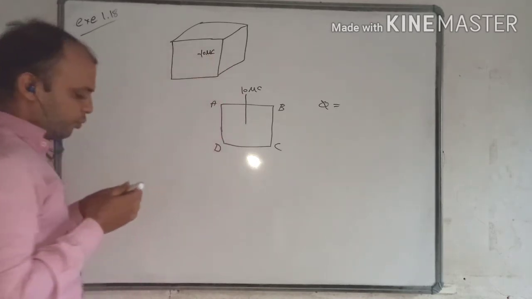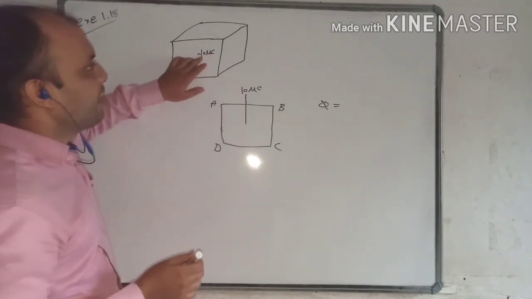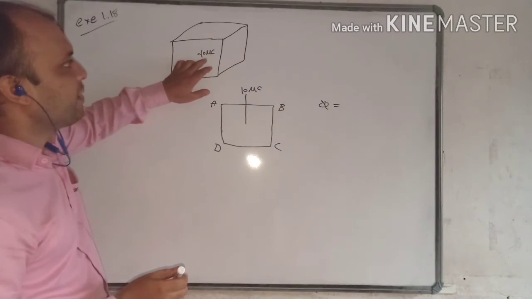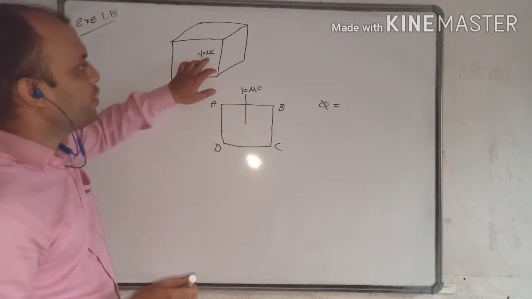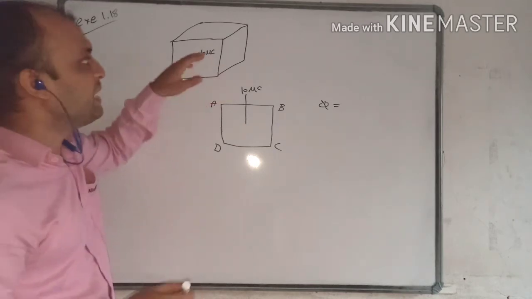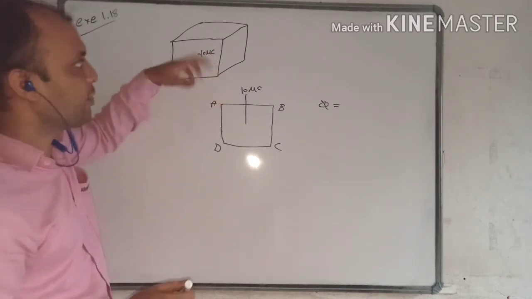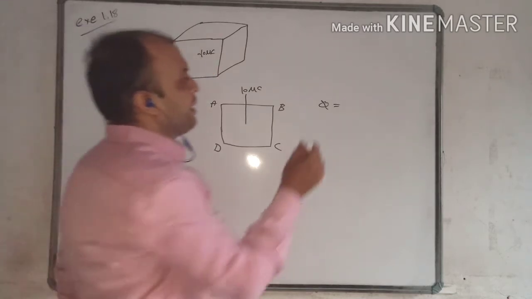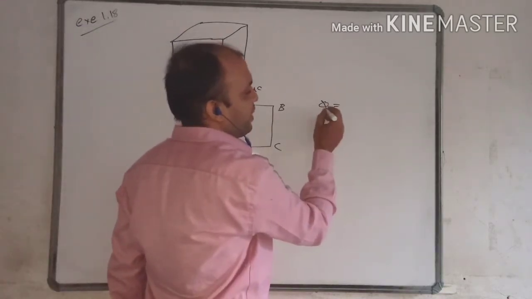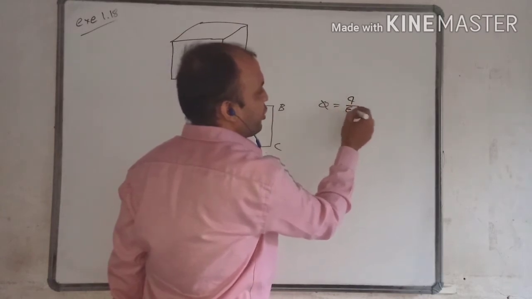So now we can easily say that in the box there is 10 microcoulomb charge in the center, so it can have some flux. This closed body has flux which can be found by the equation flux equals q by epsilon 0.